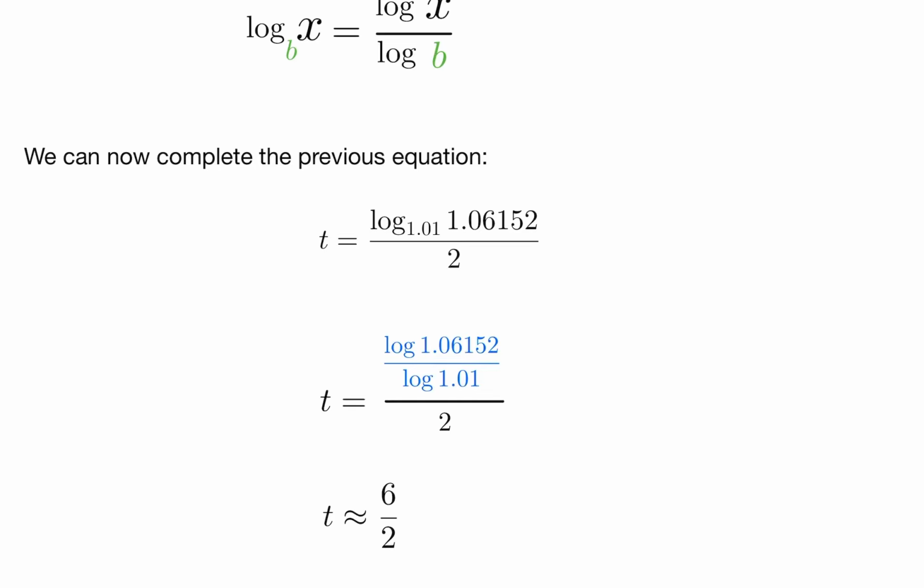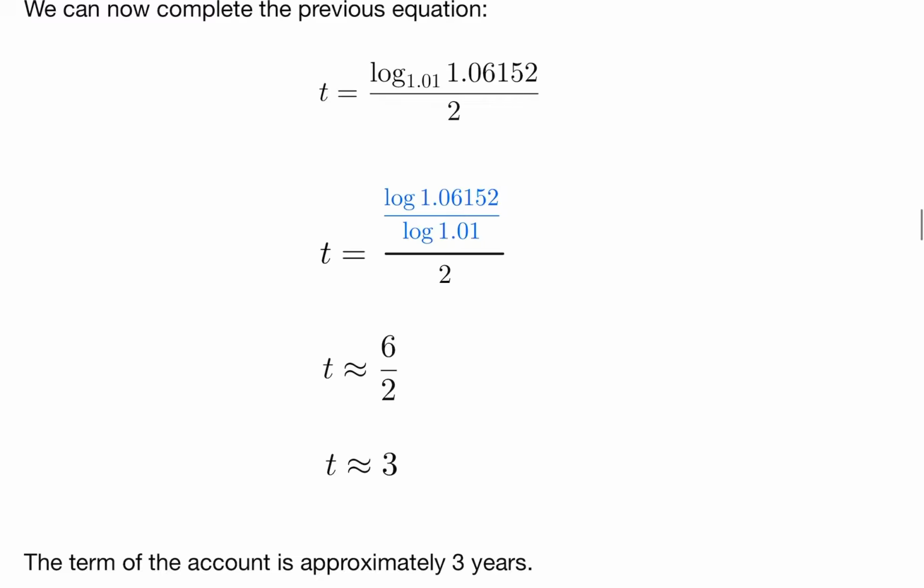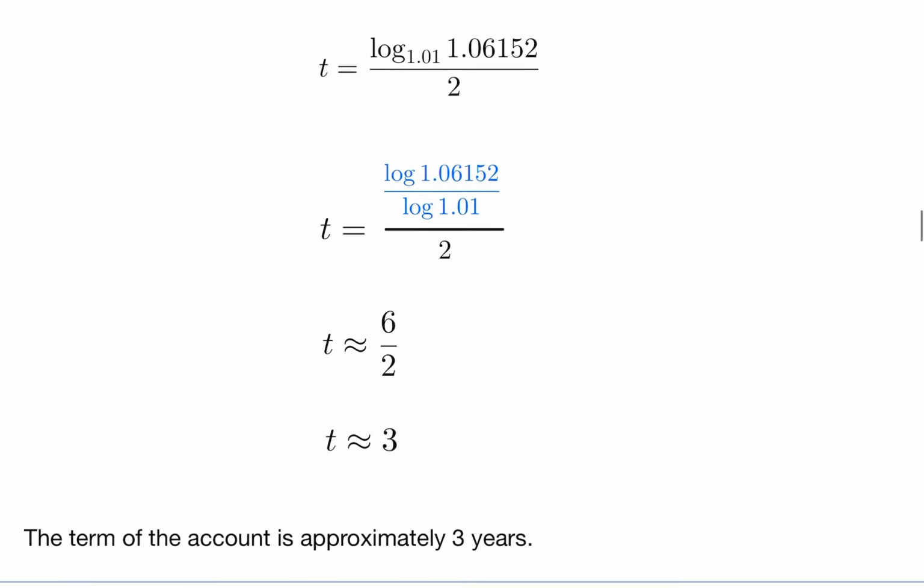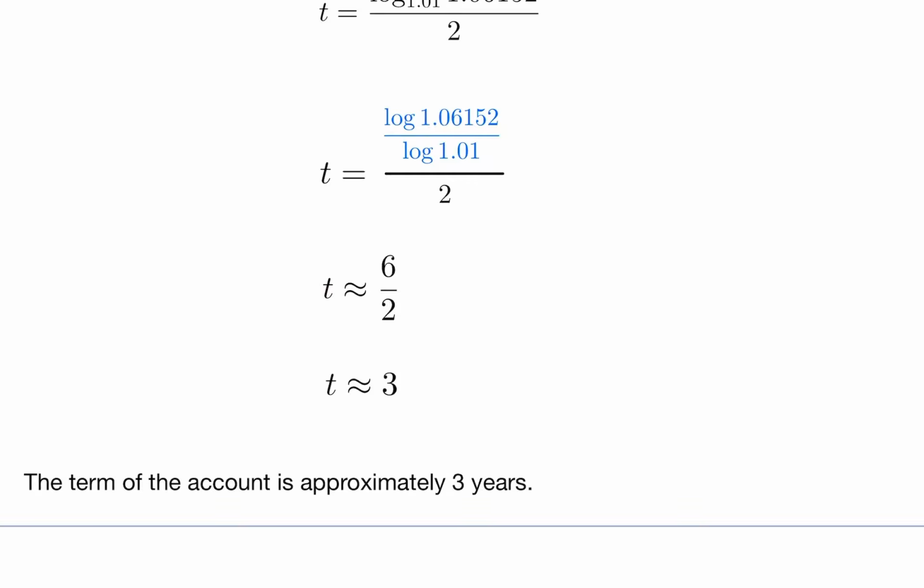We still have it divided by 2. Now you can punch this into the calculator and you're going to get roughly 6. It's going to be 5.999 something. And 6 divided by 2 is 3. So the answer to the original question is that the term of the account is approximately 3 years. It'll take 3 years to reach that amount.